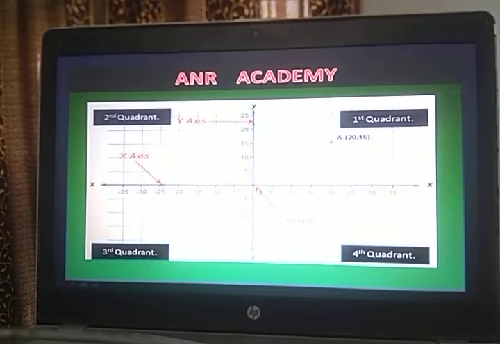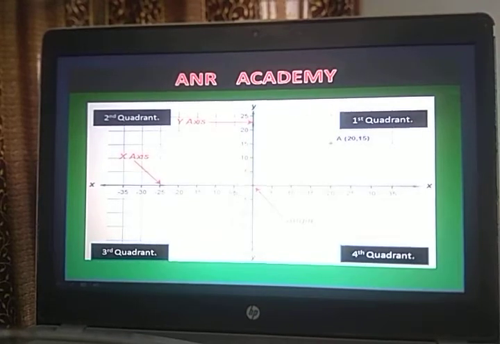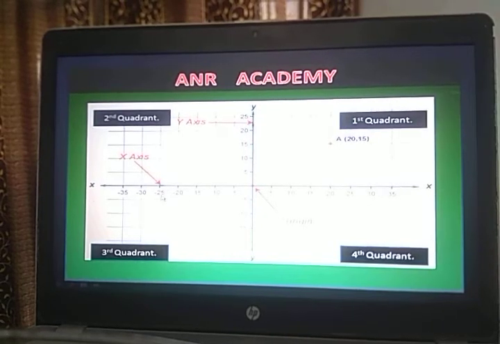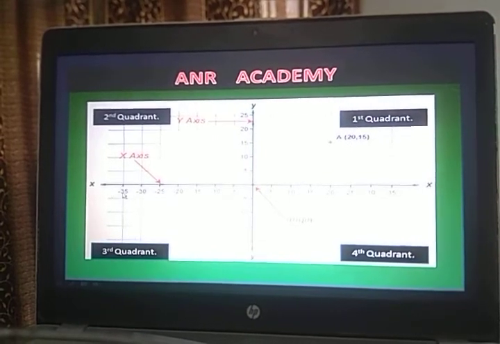In the same way, from the origin on the x-axis towards the left hand side, you have all minus values: minus 5, minus 10, minus 15, minus 20, minus 25, minus 30, minus 35.